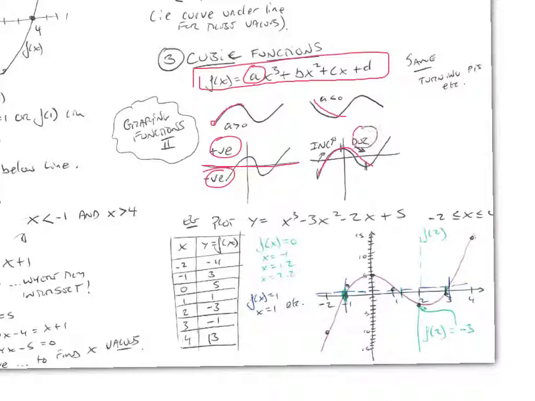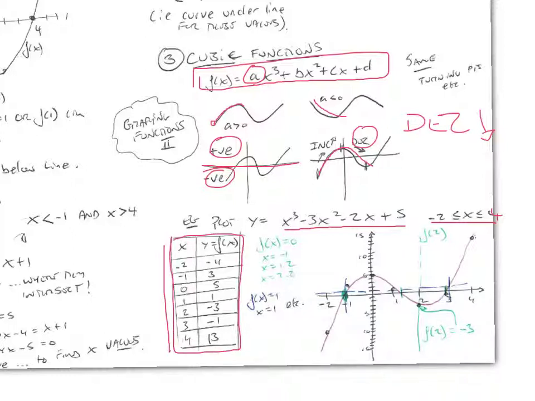Decreasing. So, if we were to plot x cubed minus 3x squared minus 2x plus 5 in the domain x between minus 2 and 4, then with our calculator, just tap in the same again, we would get this set of couples or ordered pairs or coordinates, and if we were to plot that on a graph, we'd have this point, this here, here, and we'd have our cubic function.